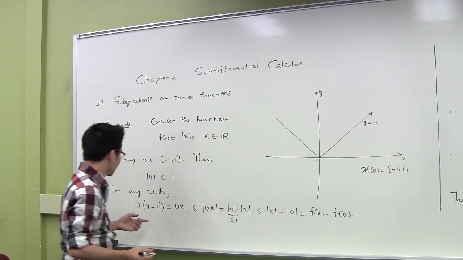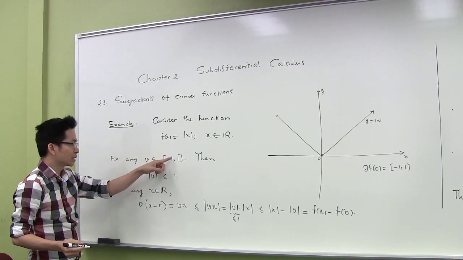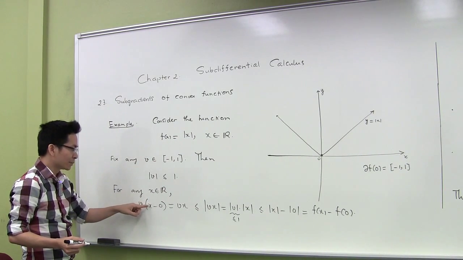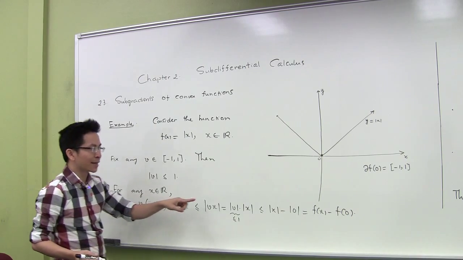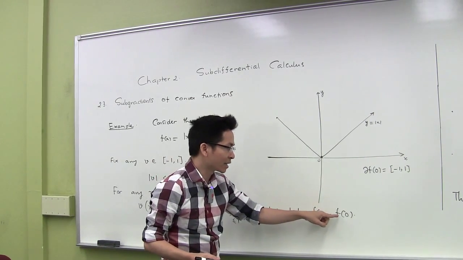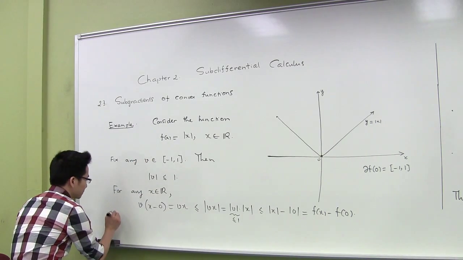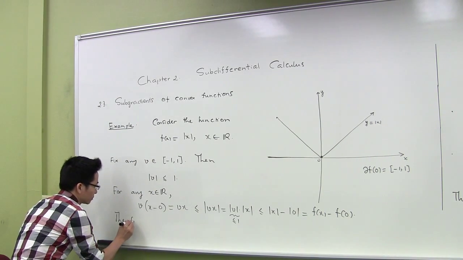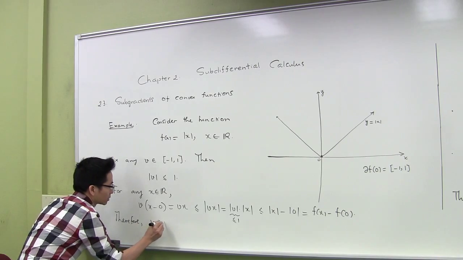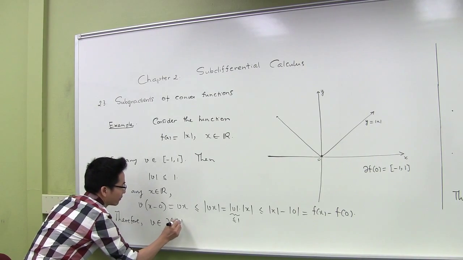So we see that for any v in this interval, v times x minus 0 is less than or equal to f of x minus f of 0 for all x in R. Therefore, v belongs to the subdifferential of f at 0.